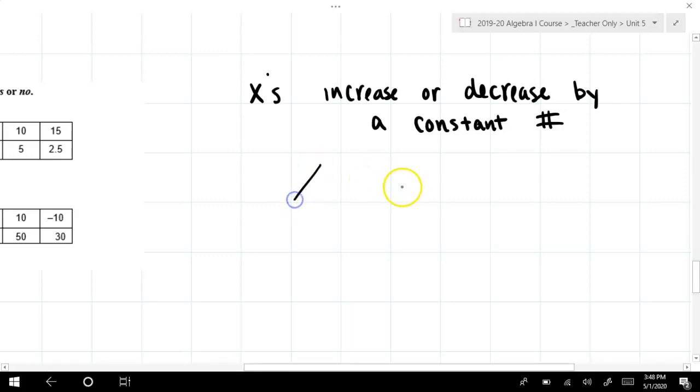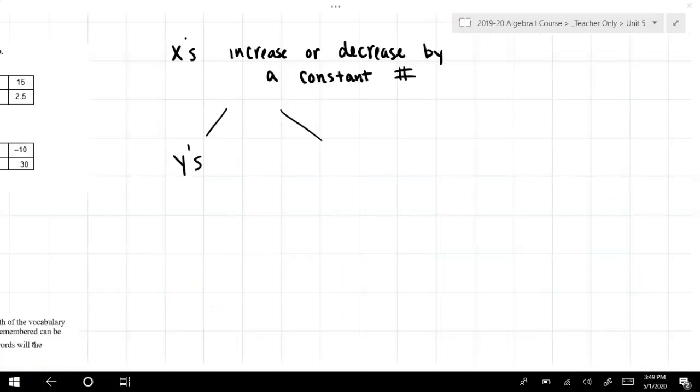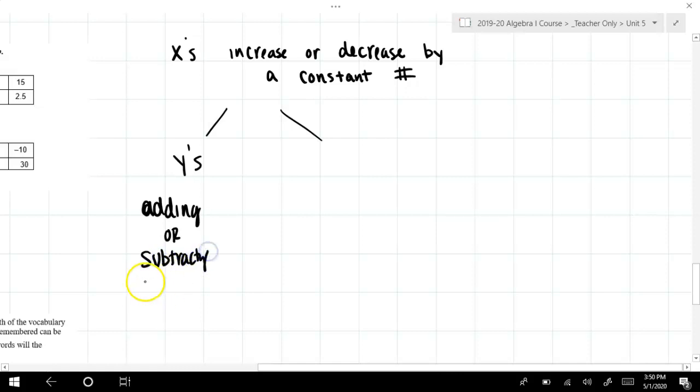And if that happens, then we look at the y's. The y's, if they also increase or decrease by the same amount, so we're adding or subtracting the same number to get from y to y, well then this is an exponential.